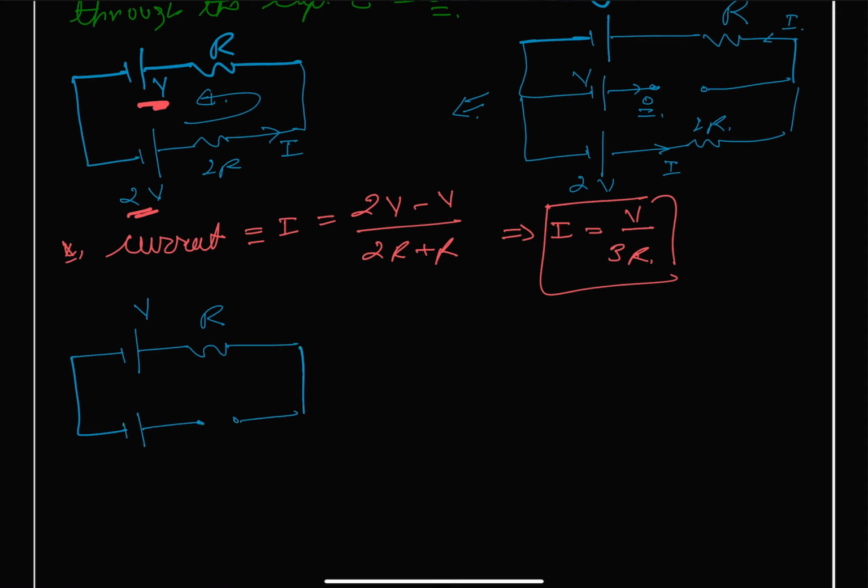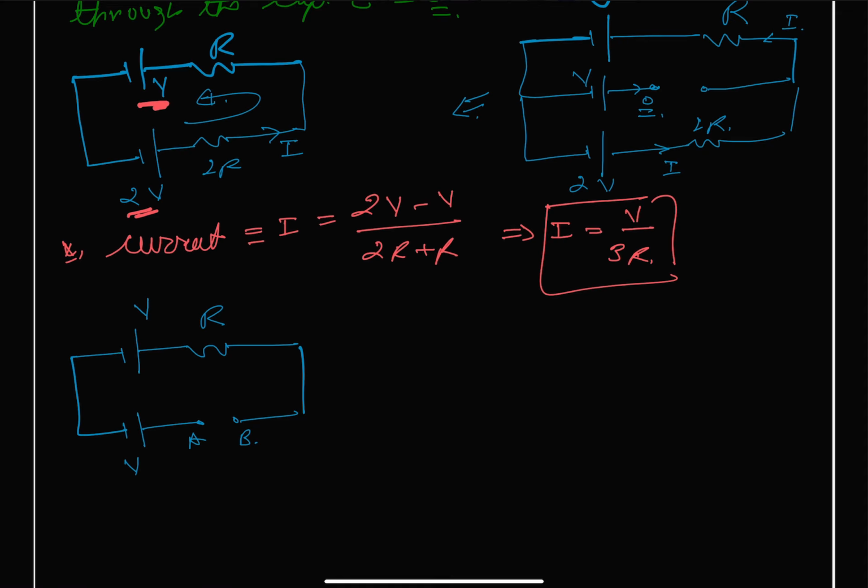Let us call this point A and this point B. Although the current through this is 0, potential difference will always be present. And here we can just use our KVL.